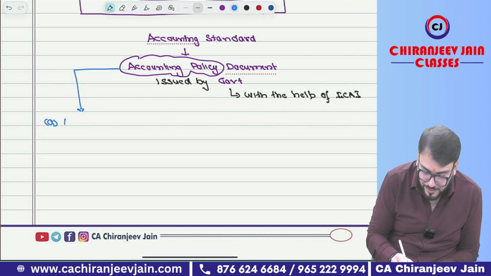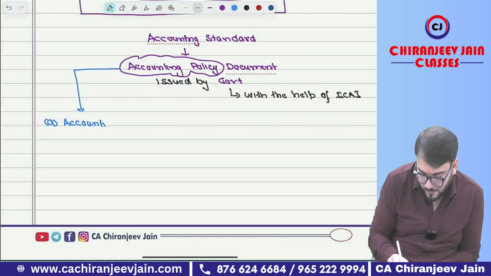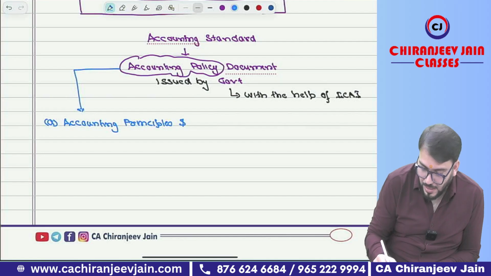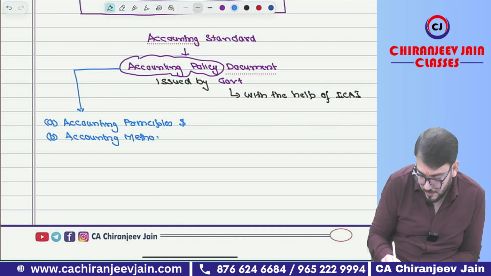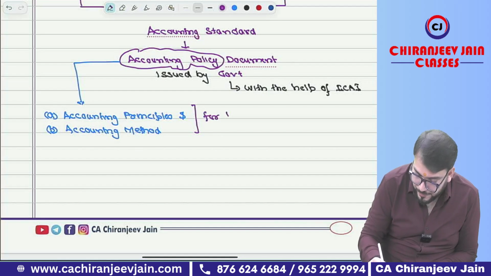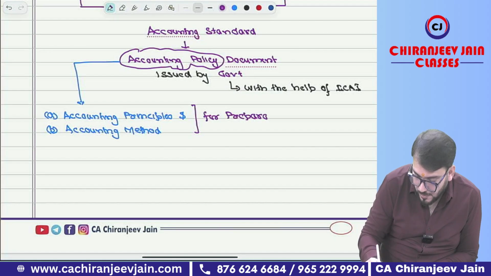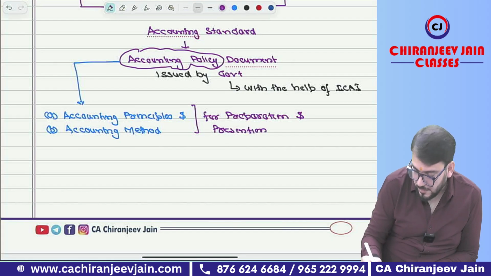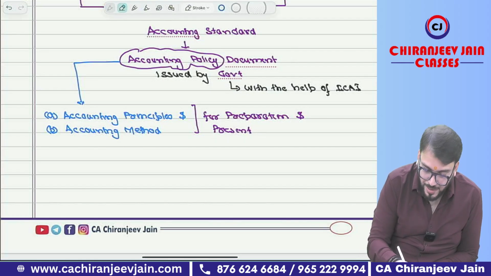Accounting policy means accounting principle, and point number B, accounting method for preparation and presentation of financial statement.